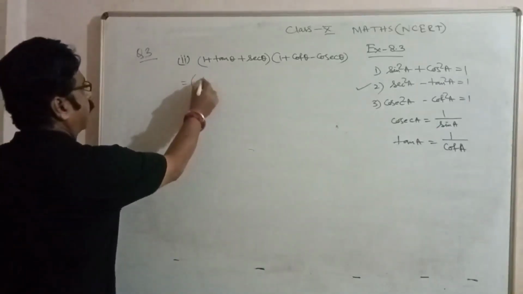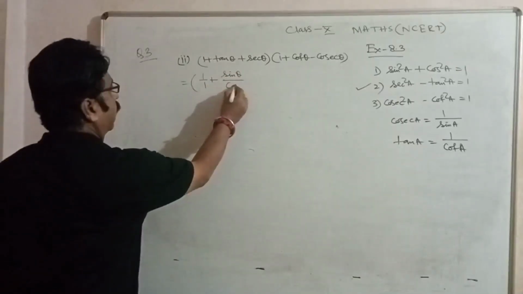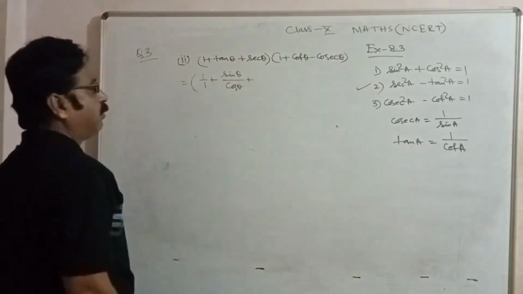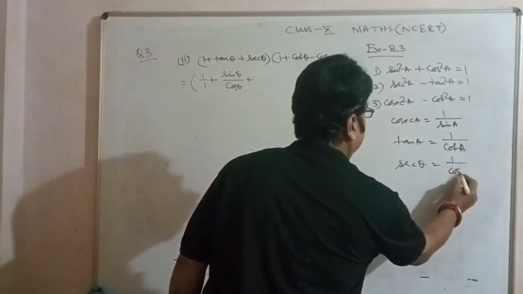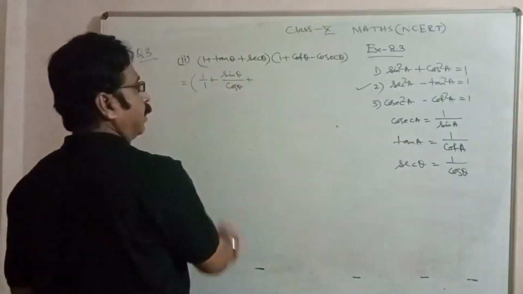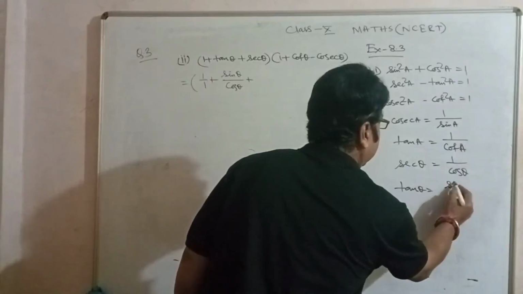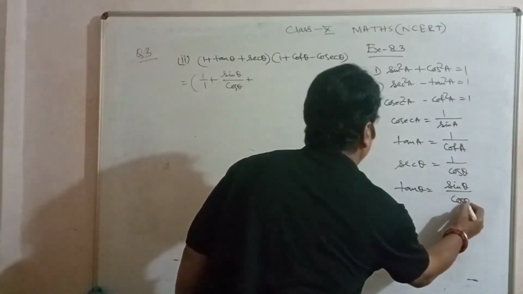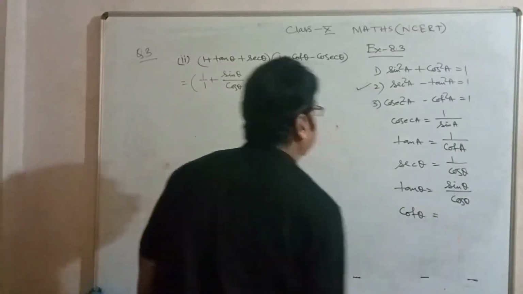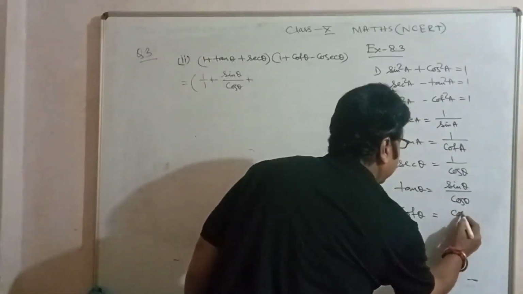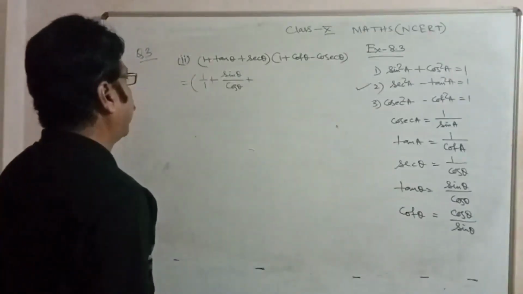We can simplify. Tan theta means sin theta upon cos theta. Sec theta means 1 upon cos theta. Cot theta is cos theta upon sin theta.